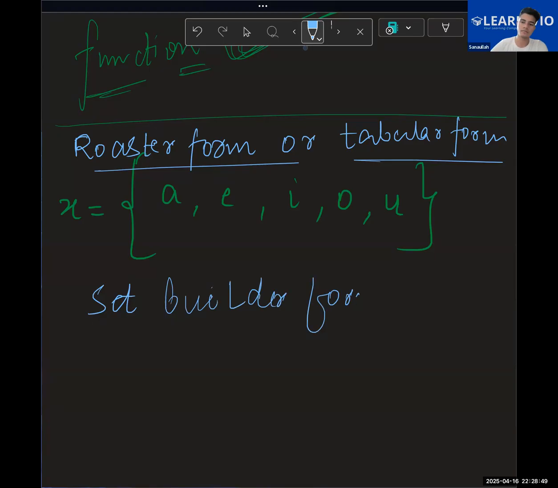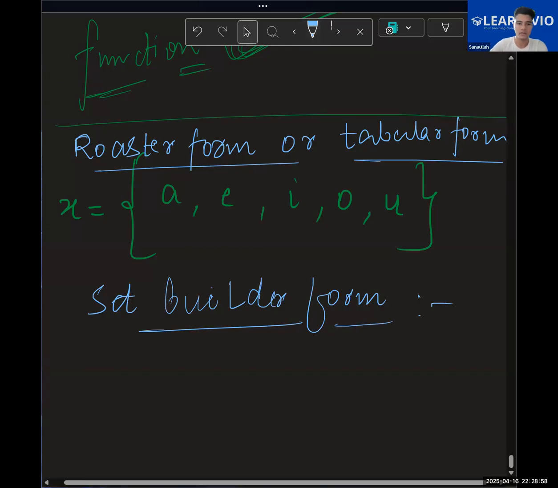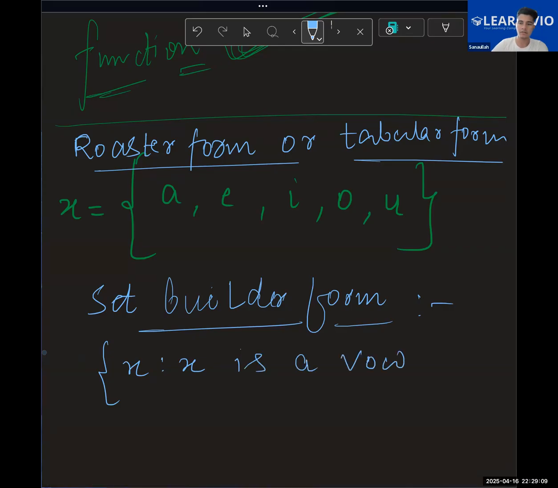In set builder form, I can write it in a sentence form, like this: X is a vowel.